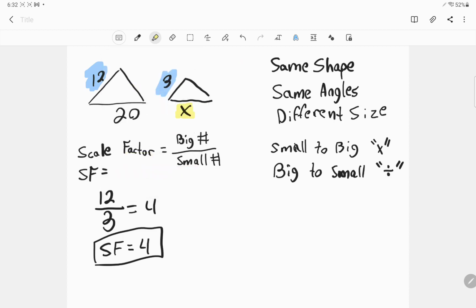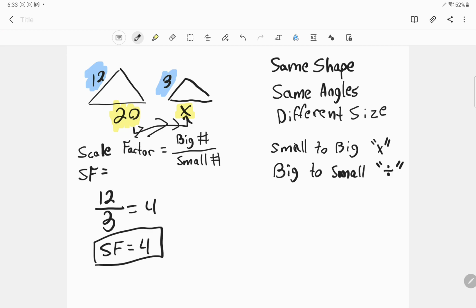I'm looking for X. X is going to be part of my small shape. But I'm going to have to use the 20 over here because it's similar to X, correct? Right? 20 and X are similar. Meaning that I am going to go from 20 to X. So with 20, I'm going to put little arrows. Oh my god, they're so bad, but I'm going to go that direction.